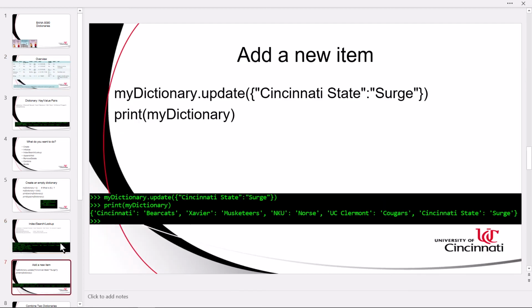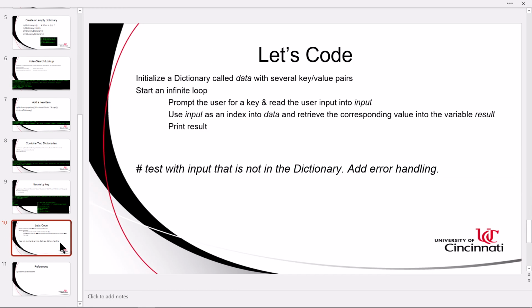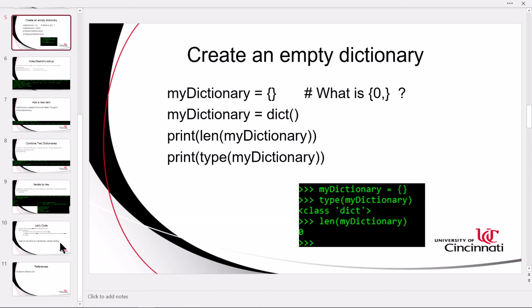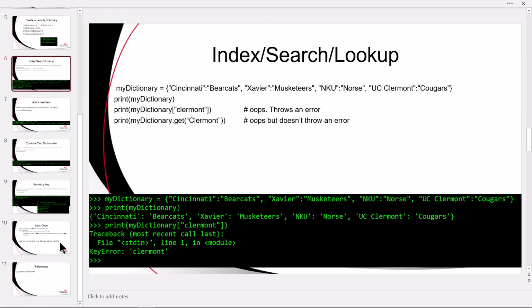All right, back to slide 5. We beat that one up. Let's move to slide 6. We've demonstrated this already. I showed you how to use the key lookup by the square bracket notation, the index notation, and the get function, one of which throws an error if the key isn't available and the other which does not.